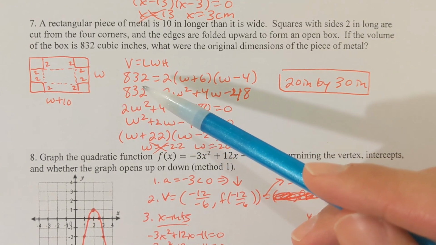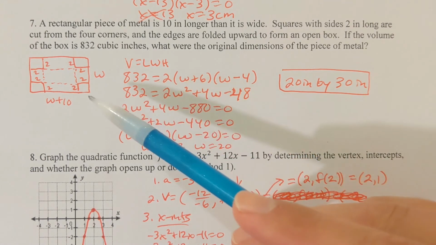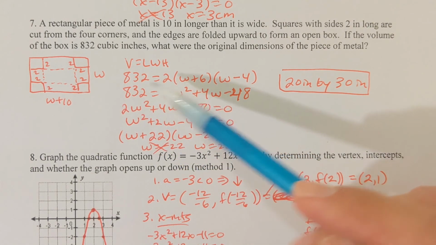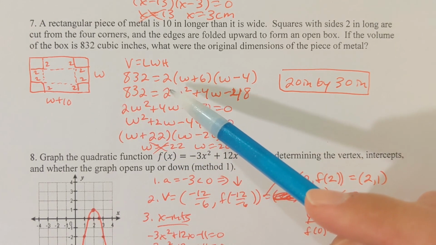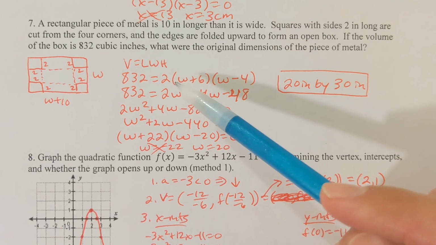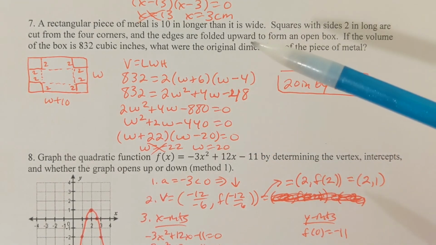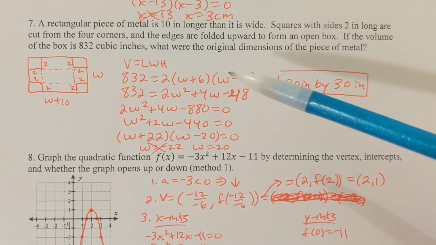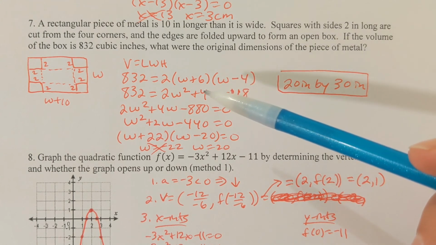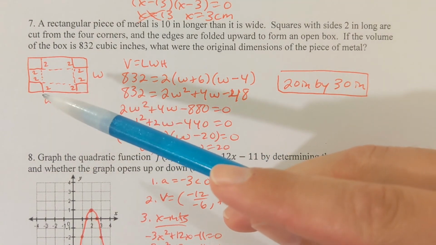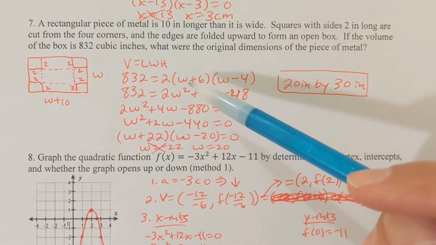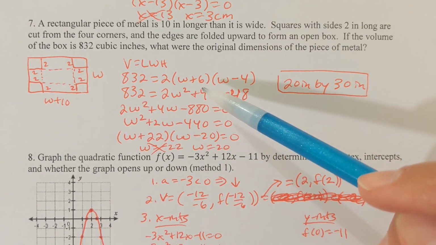Okay, so 832 is the volume of the box. The sides are 2 inches long, so it's going to be 2 inches high there. The length of the box is W plus 10 minus 2 minus 2, so that's W plus 6.